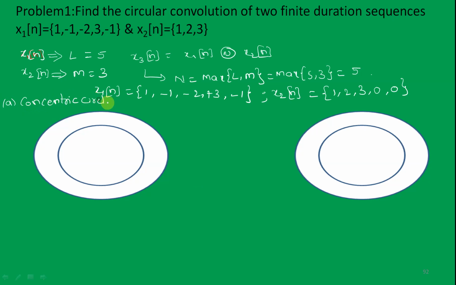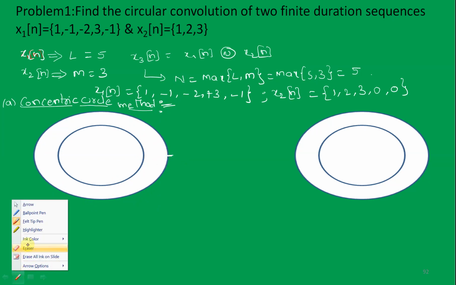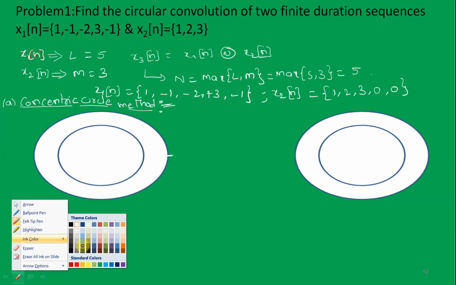According to this method, as discussed in the previous slide, first take the outer circle, and in the outer circle locate all the x1 of n values.